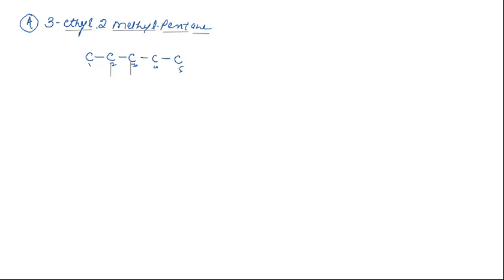So it is 3-ethyl. What is the formula of ethyl? It is C2H5. And what is the formula of methyl, students? It is CH3. So it would be C2H5 here and CH3 here. And the rest of the positions will be occupied by hydrogen.